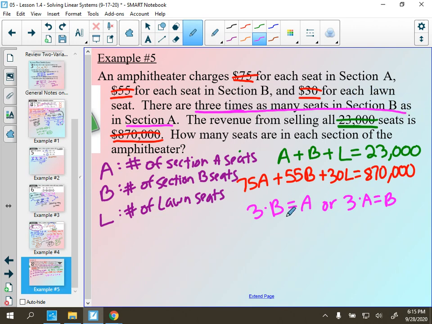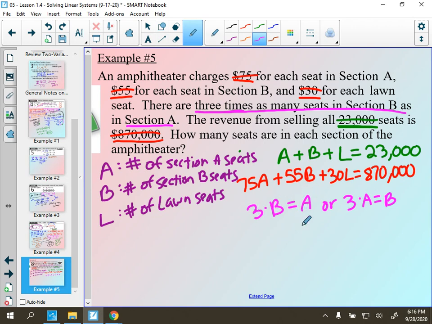So the way this should work out is, however many A seats we have, I have no clue how many there are, but if I take that number and triple it, multiply that number by 3, that's going to be equal to the number of B seats. This is where we want to be, versus here that says, take the number of B seats, triple it, and that'll tell you the A. That's going to be way too much.